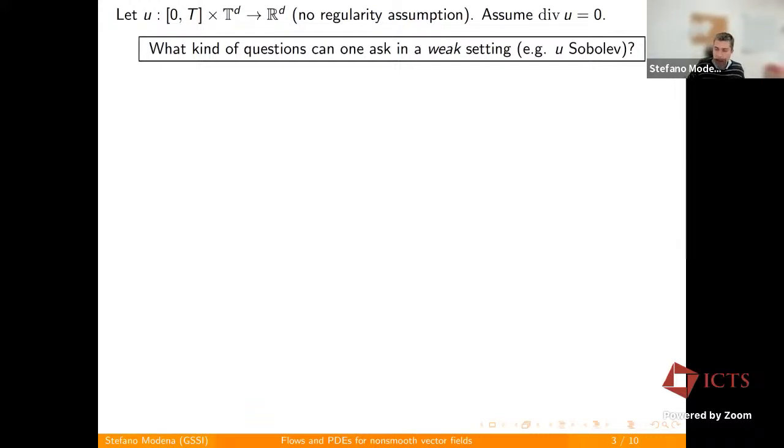So it's quite easy to find a counterexample to well-posedness and so on. So I will think more of this relaxation of Lipschitz in terms of Sobolev regularity of the vector field.